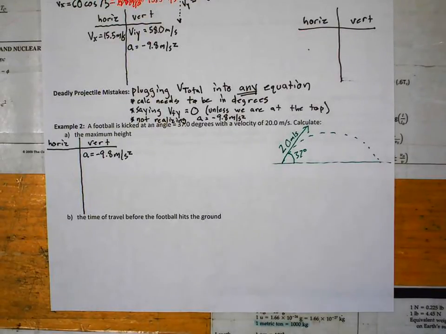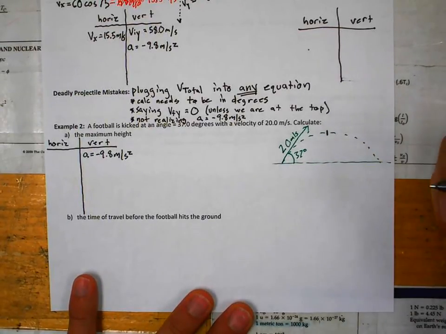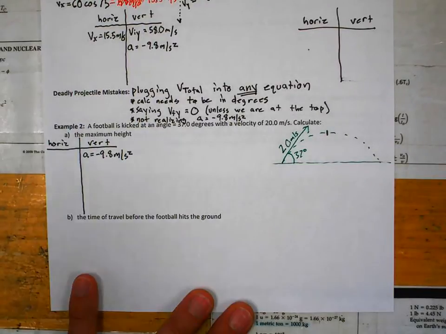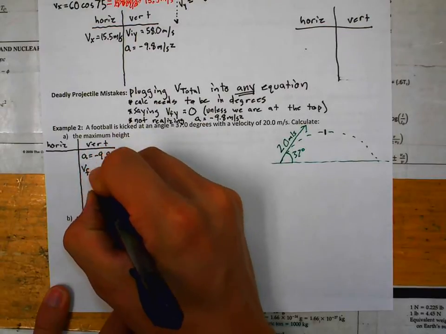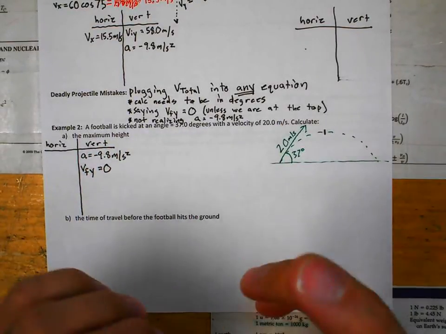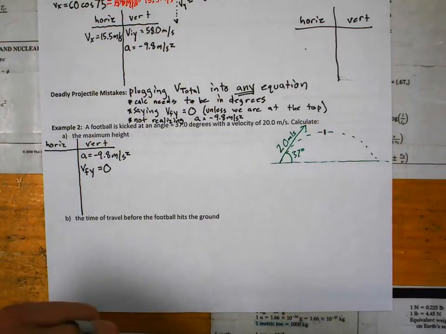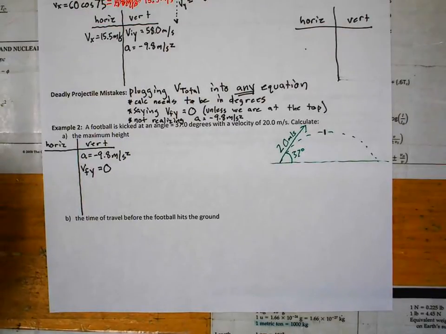What point are we being asked about? Maximum height. So what do we know about V final? V final in the y direction equals 0. And the problem is never going to come out and tell you that. You are going to have to think about the physics and figure that out.